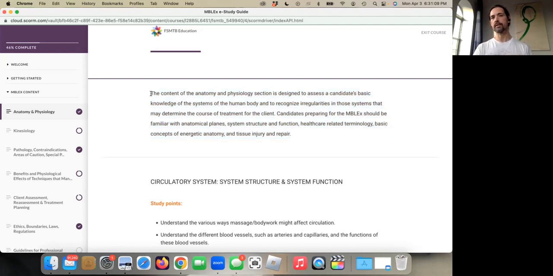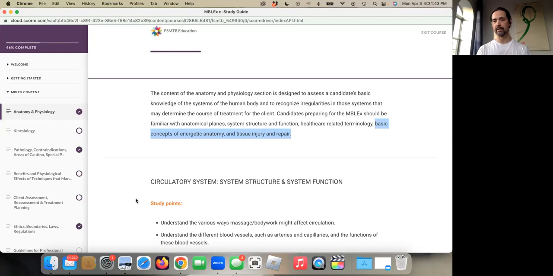Here it describes the purpose of the section: to assess a candidate's basic knowledge of the systems of the human body, the 11 to 12 systems of the human body, and to recognize irregularities in those systems that may determine the course of the massage treatment for the client. Candidates preparing for the MBLEx should be familiar with anatomical planes, system structure and function, healthcare-related terminology, and basic concepts of energetic anatomy and tissue injury and repair.